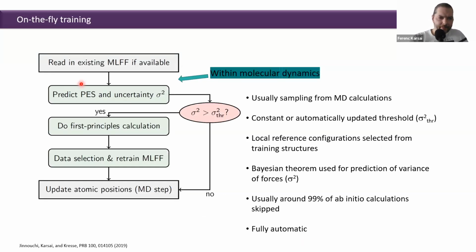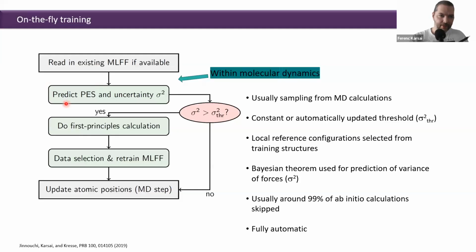We start by checking whether we already have a machine learning force field available, so whether we start from scratch or have a continuation run. After that, we set a molecular dynamics calculation with a given length. The whole thing will be done within this molecular dynamics calculation and run until the end. Within that calculation, the following steps are then carried out.